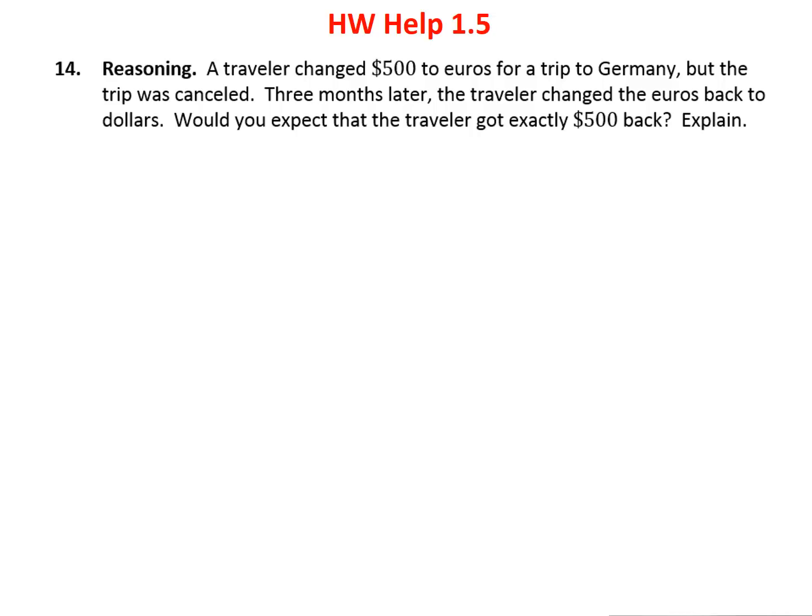14. A traveler changed $500 to euros for a trip to Germany, but the trip was canceled. 3 months later, the traveler changed the euros back to dollars. Would you expect him to get $500 back? The answer is no, and the reason for that is the exchange rate, that's the rate between the money, is always changing.